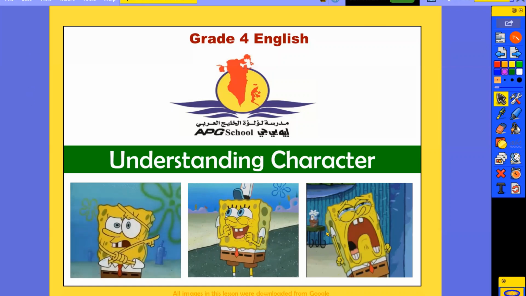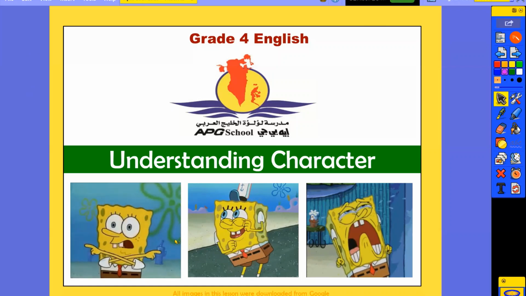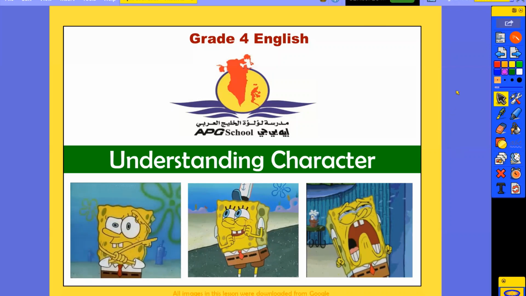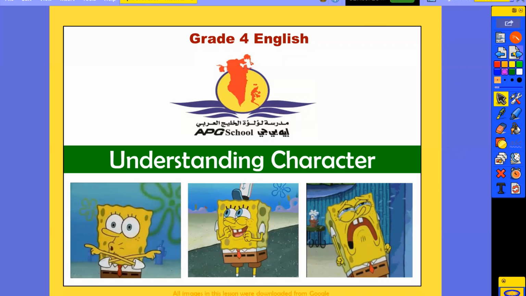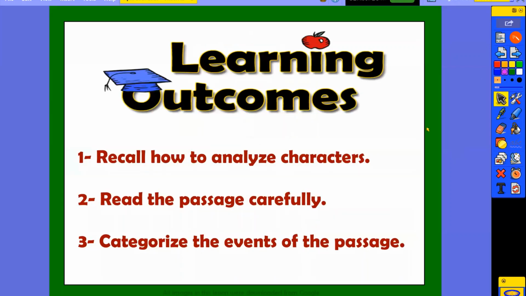By looking at the different moods SpongeBob is going through in these pictures, you might know what our lesson will be about. Let's see. Okay, so as every lesson, we have some learning outcomes to achieve. These are objectives of our lesson.